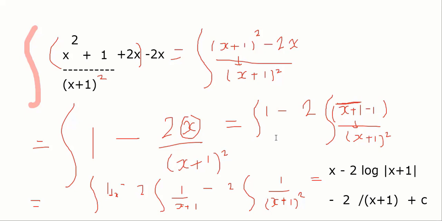Otherwise, you can also do it without that. So try more questions like this. Anything, x cube by something, x to the power 4 by something, x square by something. Always try to write the numerator in the form of the denominator. That's it. Any question, anyone, till now?